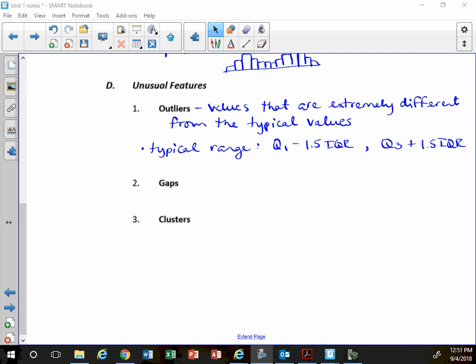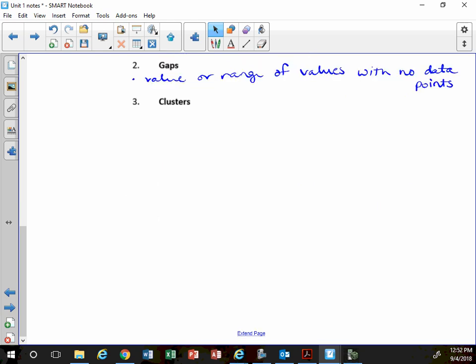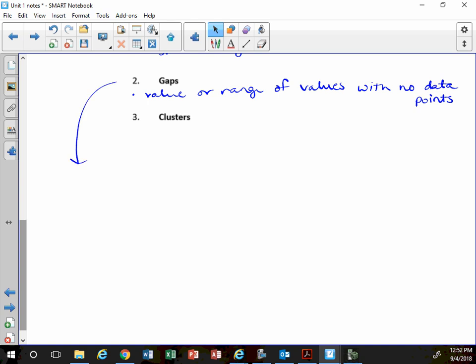So it's a value or range of values with no data points. Okay, that makes sense. That's a gap.